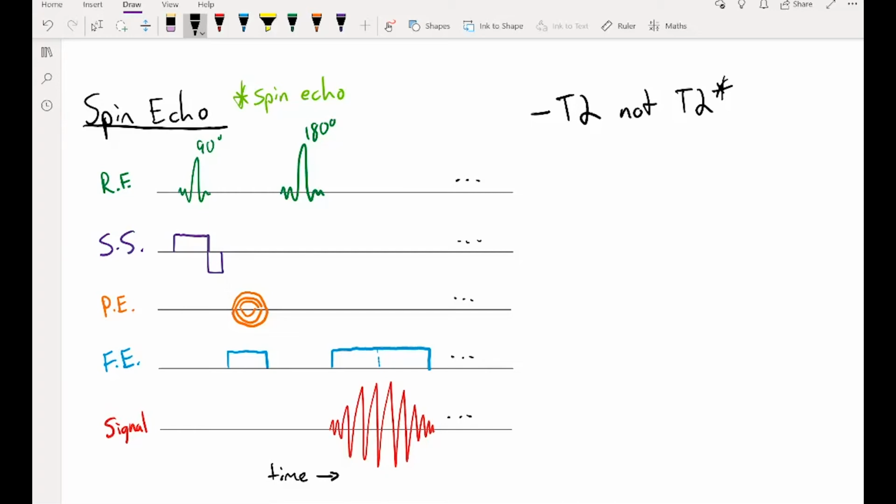That's because once we flip everything around, with the spins that were precessing faster now behind in phase and the spins that were slower now ahead in phase, those differences in precession frequency are going to be constant, which means that the ones that were precessing faster will continue to precess faster and they will catch up to the point where everything's in phase again. And likewise for the other half of the equation.